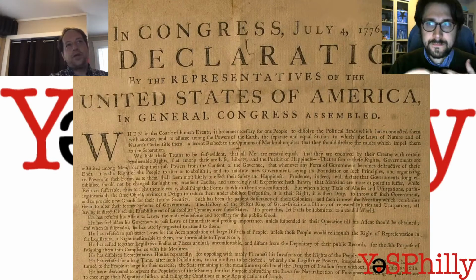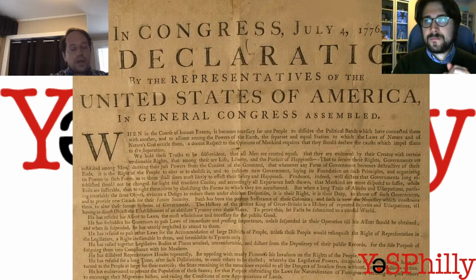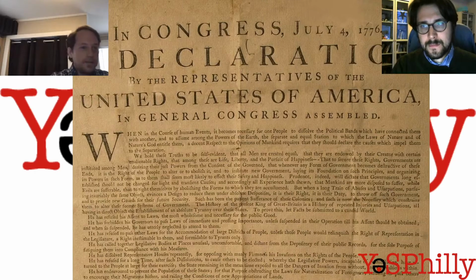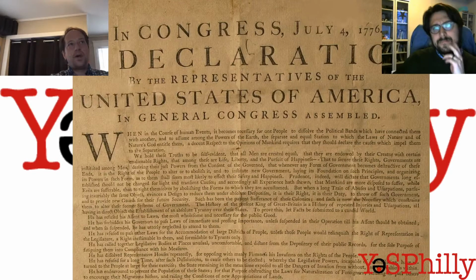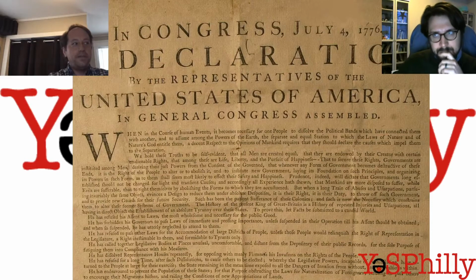comes from the notion that when people come together to institute a government, to institute a society, they are doing that in a way in which they are giving some kind of meaningful assent, like they are saying, yes, we want to be part of this society or this government, right?